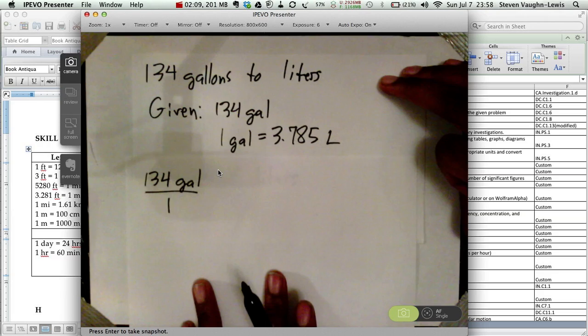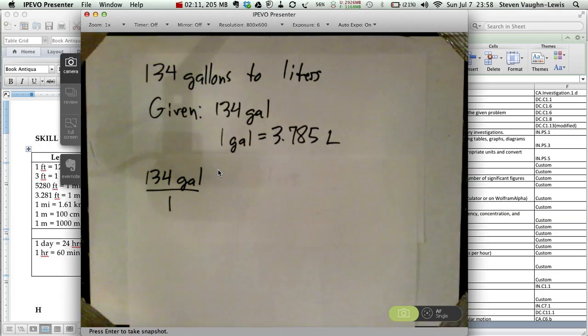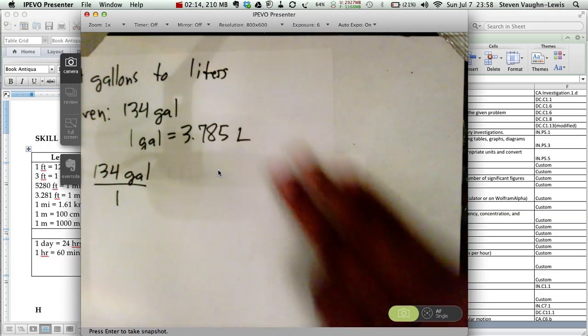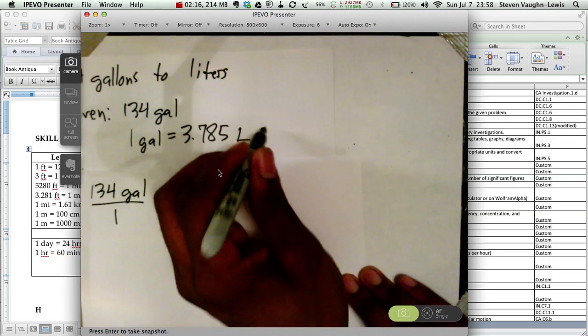Well, we look at our other given. We know that 1 gallon equals 3.785 liters.